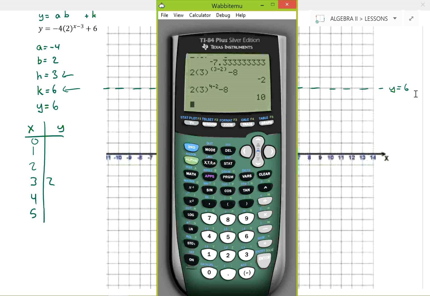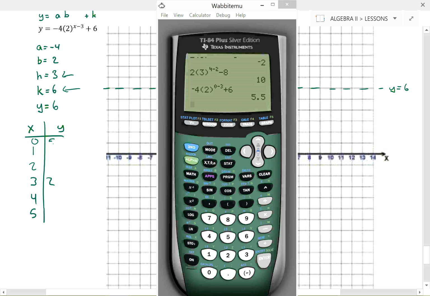So let's see what's happening. Let's plug in 0 first. That's -4 times 2 to the 0 minus 3, plus 6, and I'm getting 5.5. Now let's plug in a 1.